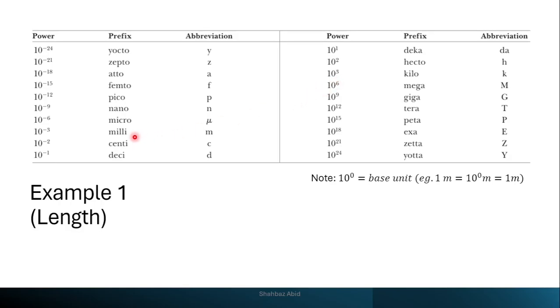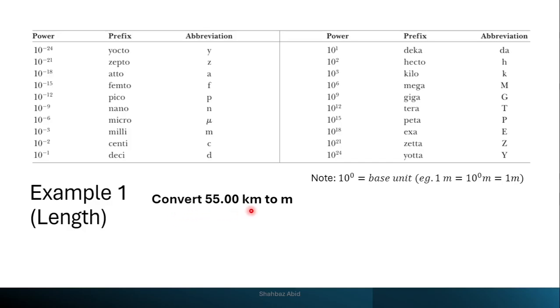Now an example of a submultiple unit: 1 centi of the base unit is equal to 10 raised to the power minus 2 of the base unit. 10 raised to the power minus 2 means, in other words, 1/100.